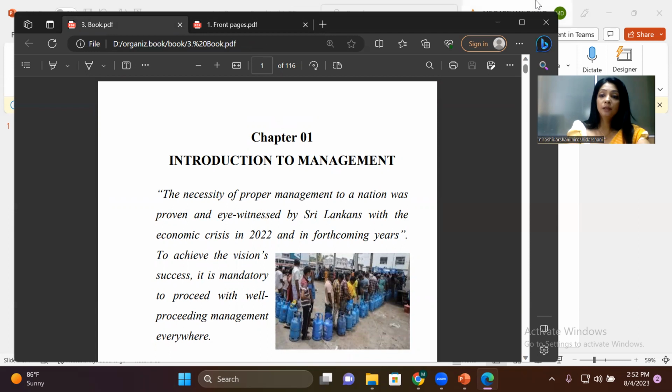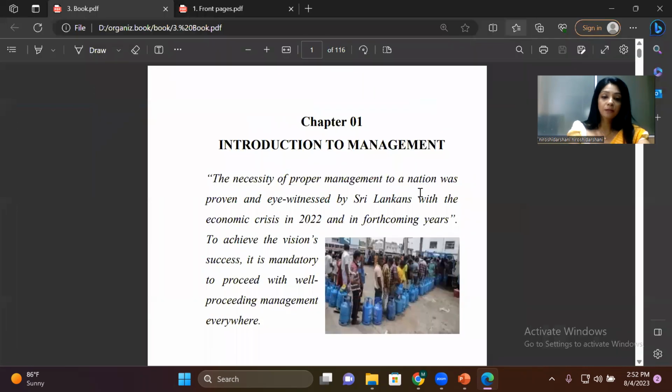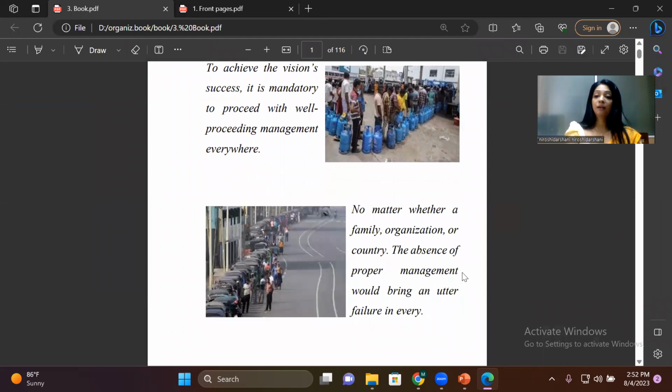So let me come into management. So what is management? It's very important that you know management comprises planning, organizing, leading, and controlling. If you have seen the current condition of the country recently in 2022, this is what we had to face when it comes to country management.